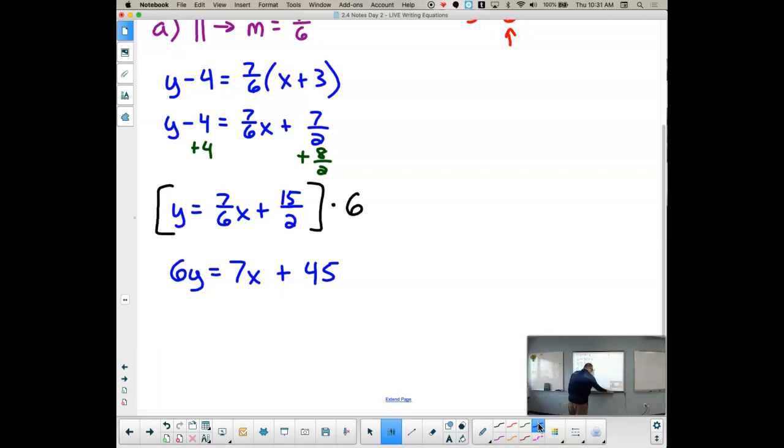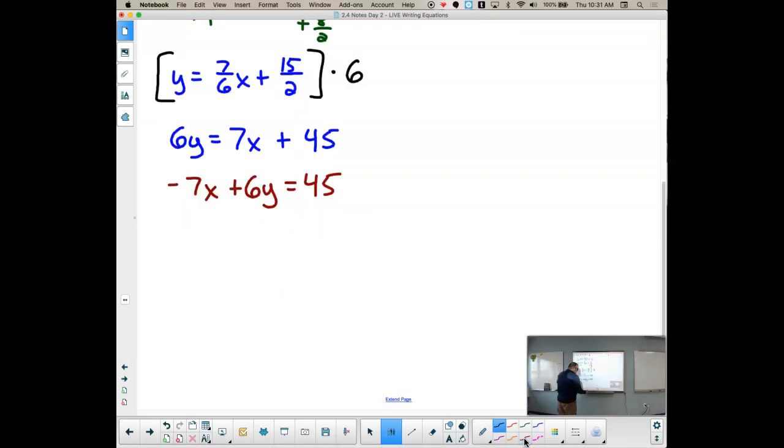Now I need to get x and y on the same side. So I would have negative 7x plus 6y equals 45 as one possible answer I would accept.